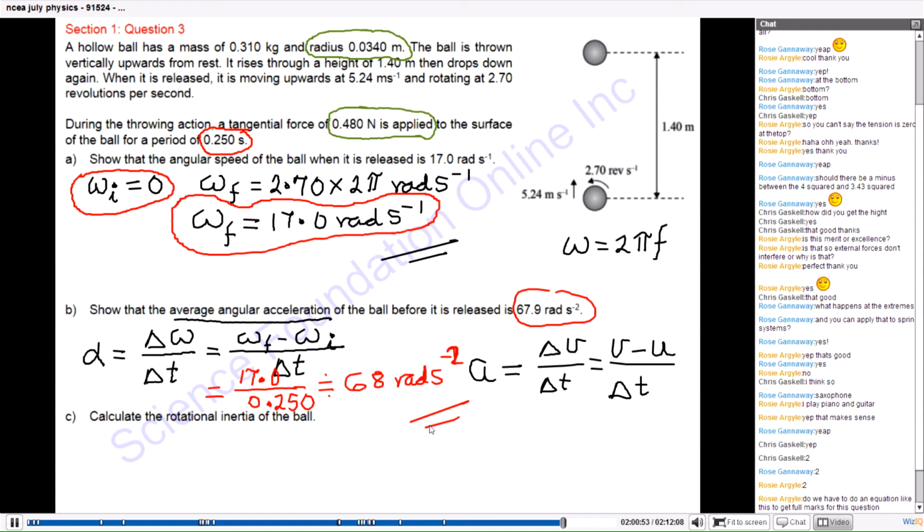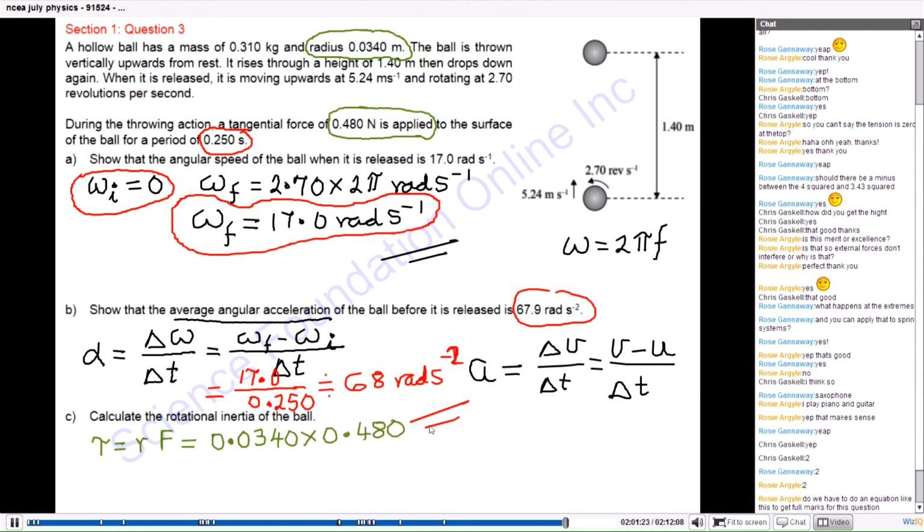So I can get the torque. Torque is R times F, the distance, which is the radius here, times the force. And that radius, we were told, was 0.0340 meters, times that force was 0.480.